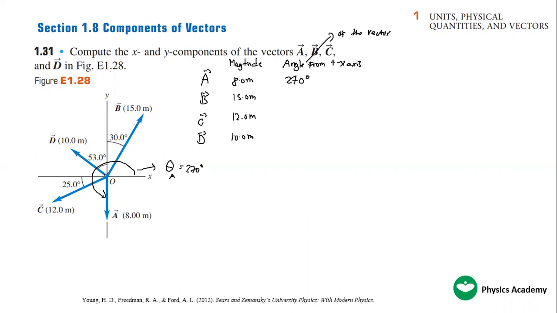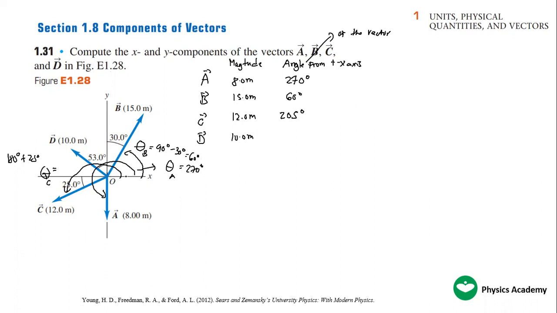270 degrees. For theta B, it is just 90 degrees minus 30 degrees, which is 60 degrees. For theta C, it is just 180 plus 25 degrees, which is 205 degrees.